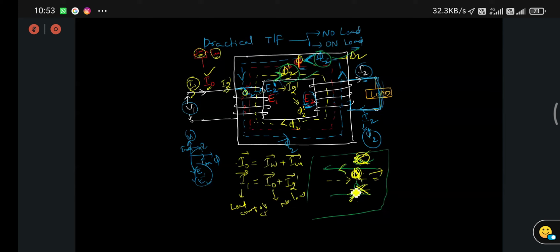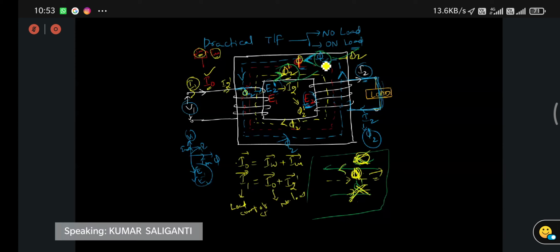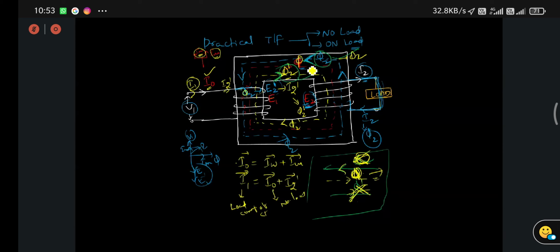So finally, for a practical transformer, pi 2 dash and pi 2 cancel each other. The net flux carried by the core will be the main flux itself. Both cancel out, so the remaining flux will be the main flux.